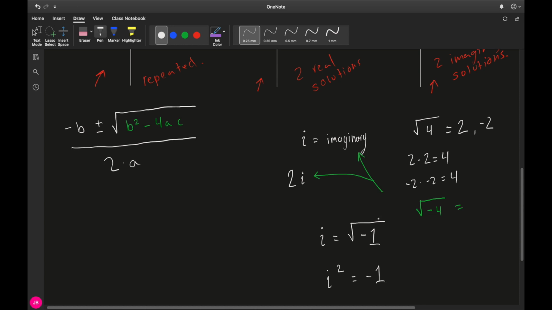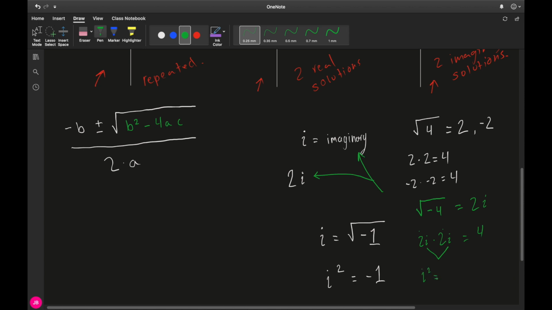So you see, now that we've done that, we can actually say, okay, well then my answer to this is going to be 2i. Now why is that? Okay, well let's see what happens. If I go ahead and multiply 2i times 2i, well, 2 times 2 will equal 4, and then i times i is i squared.